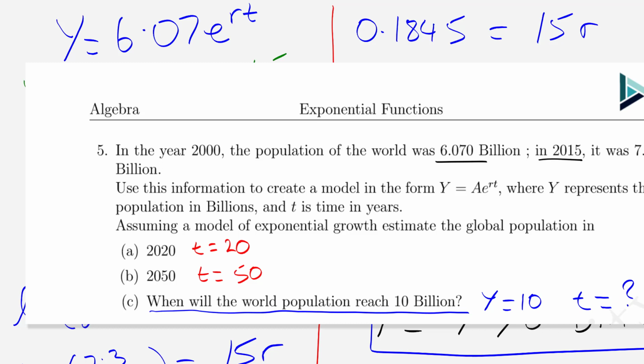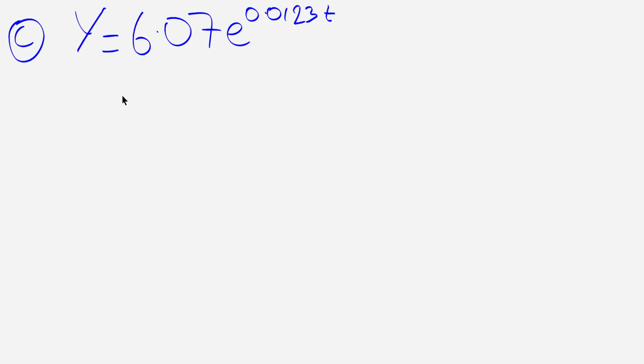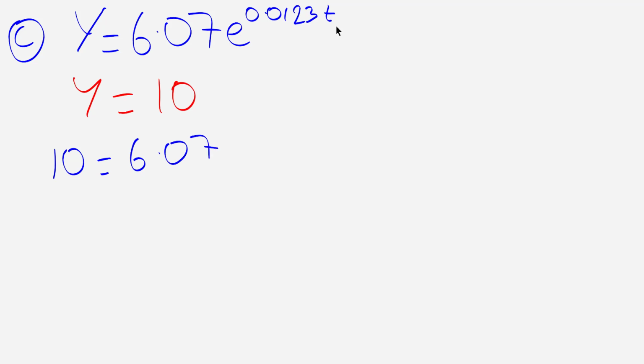So taking our function, y equals 6.07 e to the power of 0.0123t, and this time we know that y is going to be 10 and we have to solve for t. So we sub 10 in for y. So 10 equals 6.07 e to the power of 0.0123t.